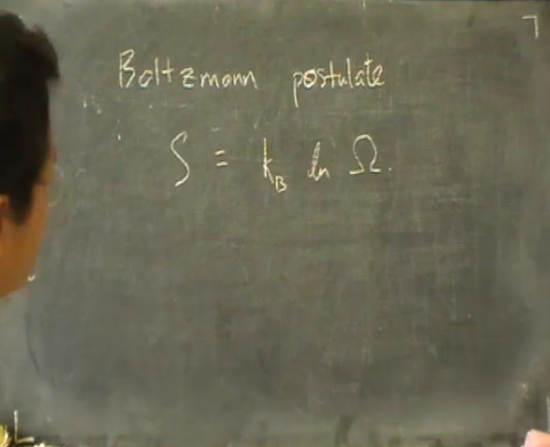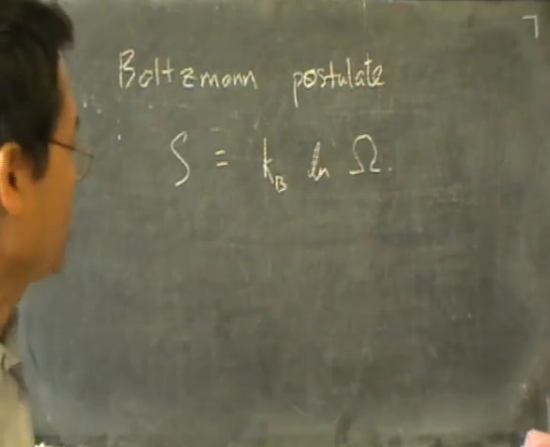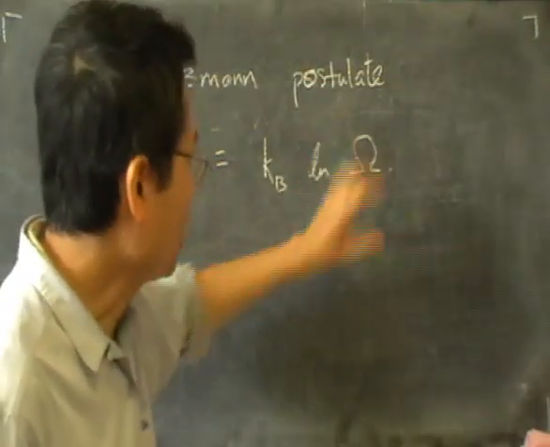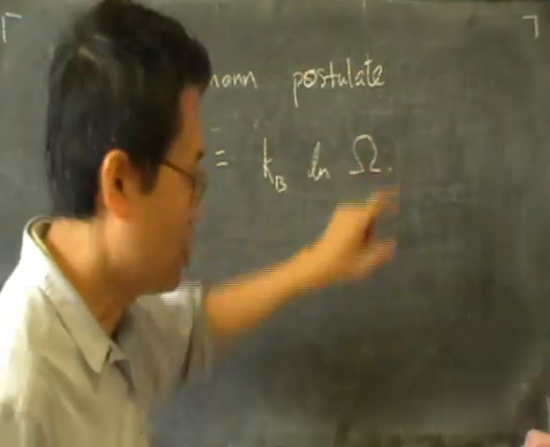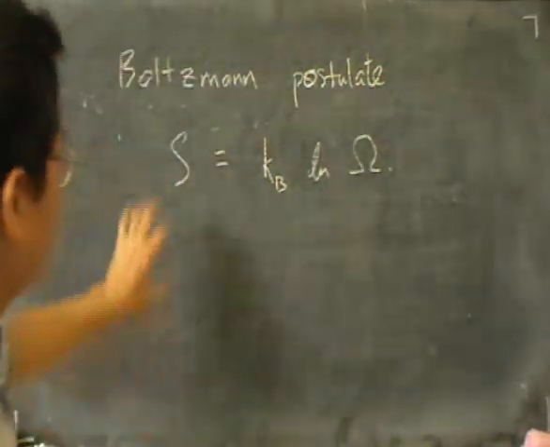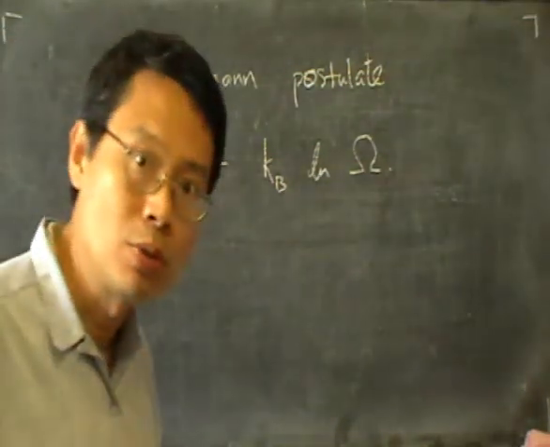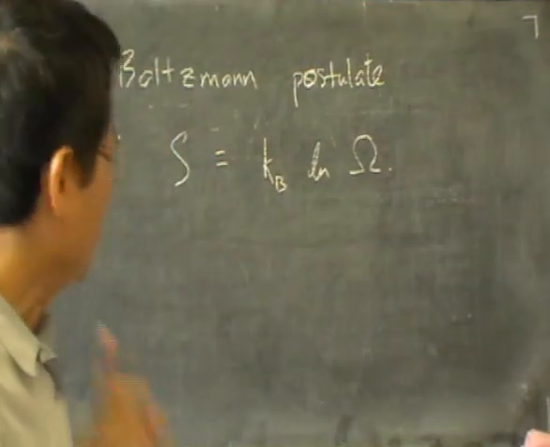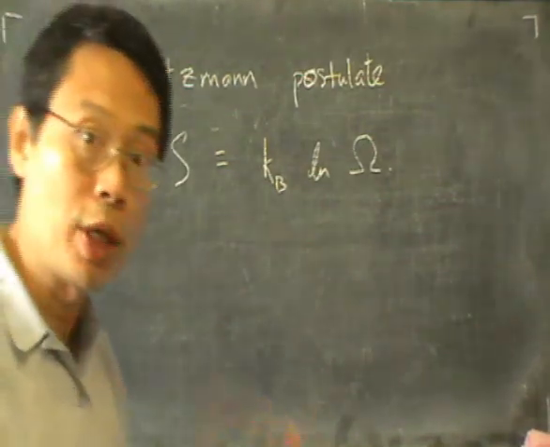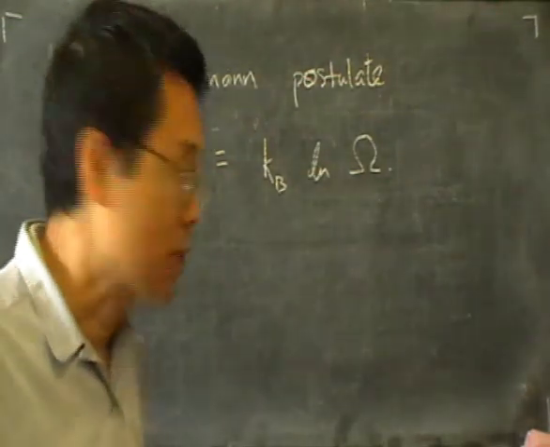So that's the Boltzmann postulate. In fact, it connects this microscopic picture about the number of arrangements of the atoms and particles to a macroscopic picture, the entropy, which is what we would describe about big objects, about heat and work of big objects in thermodynamics.